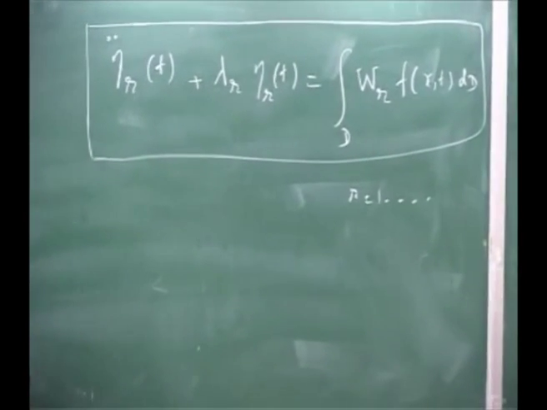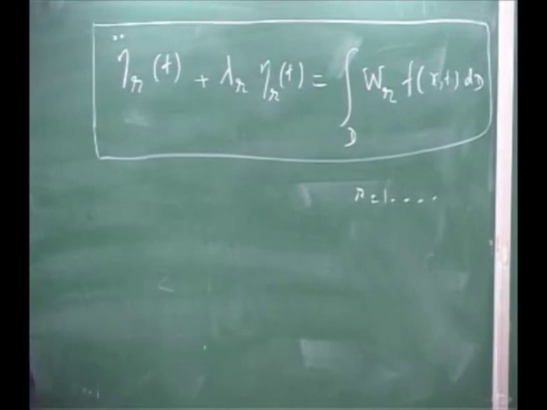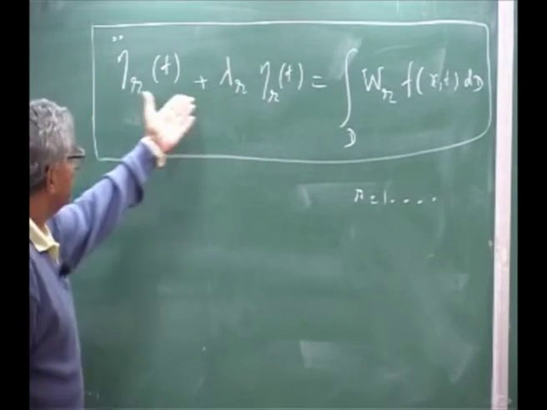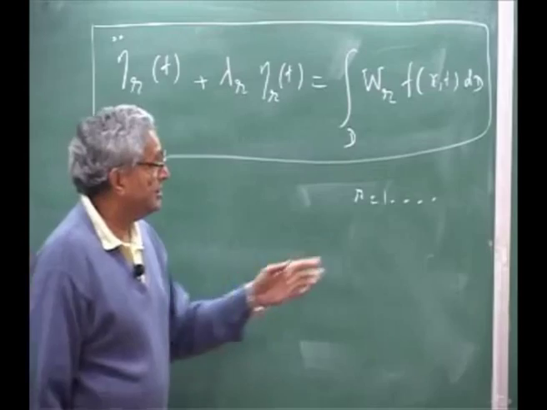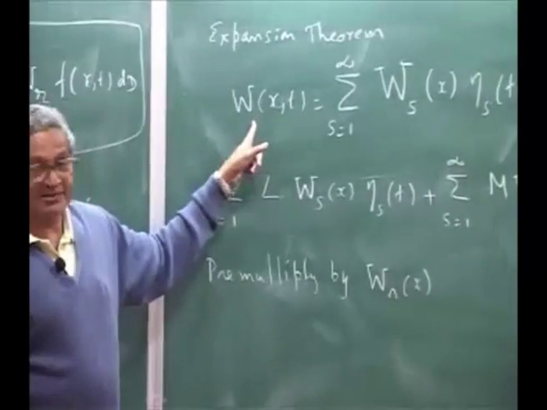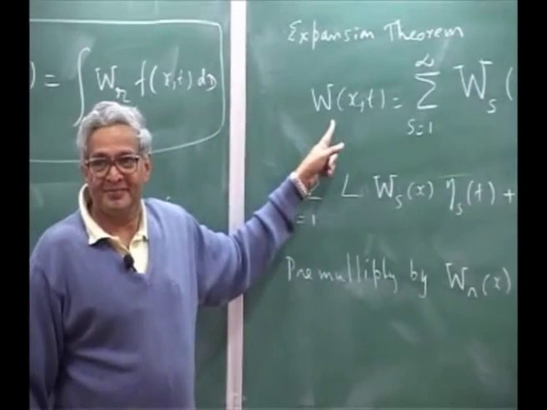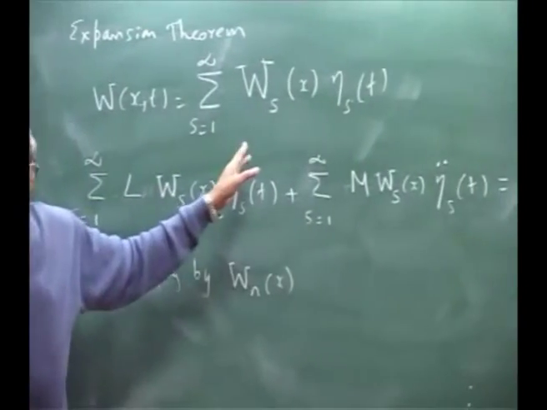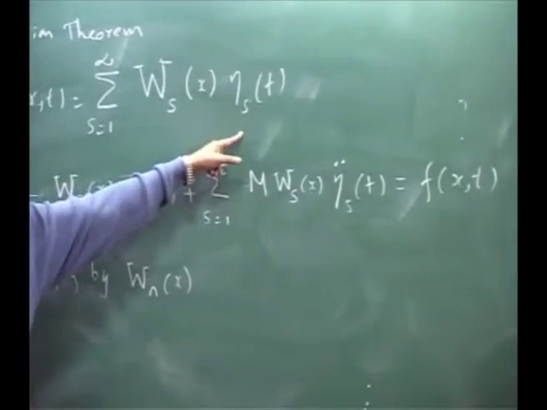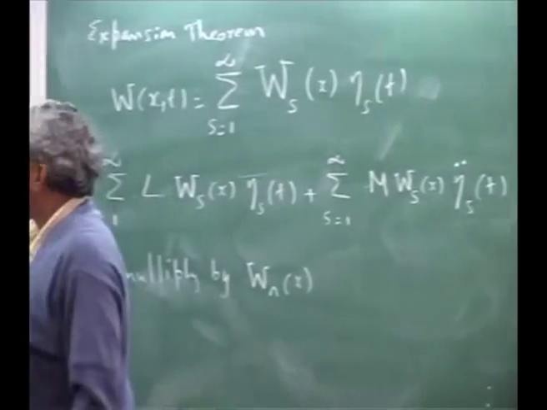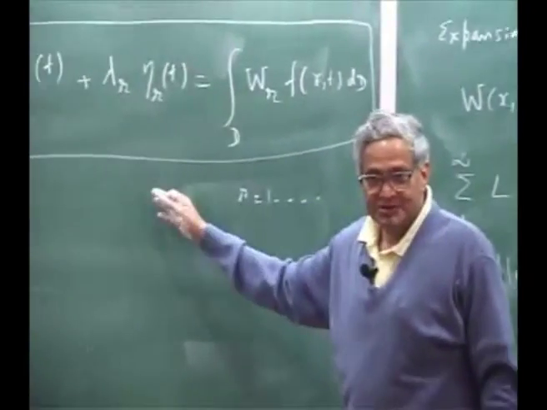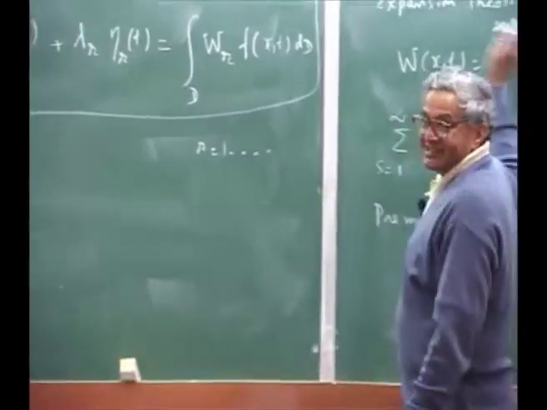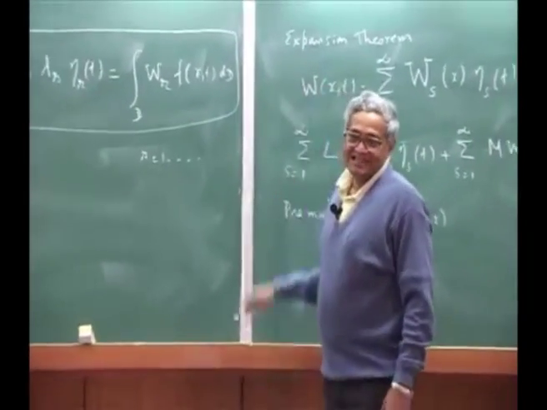Okay. Now if you want the initial condition, you may ask what is my initial condition I should use for eta r, right? You can always apply the orthogonality principle to get eta s. Or in other words, what you can do is I can take this, get the solution, substitute back here and use the initial condition.